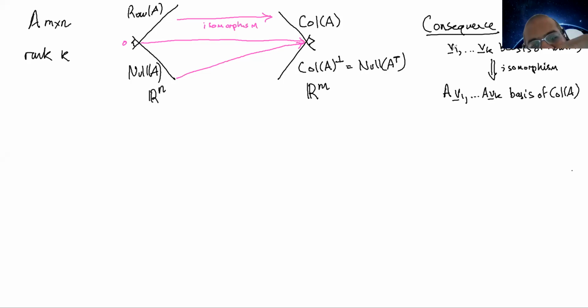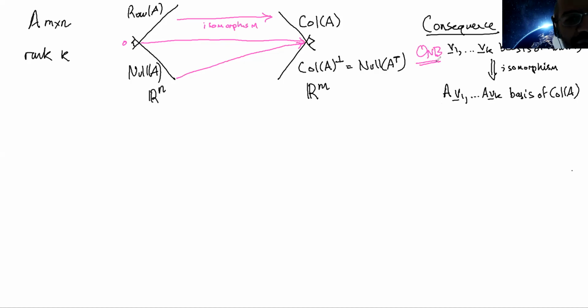Okay. So that means any basis of K vectors sitting in the row space, when you hit it with A, you get some basis of the column space. But now I'm going to ask a more subtle question: what if you take an orthonormal basis of the row space?